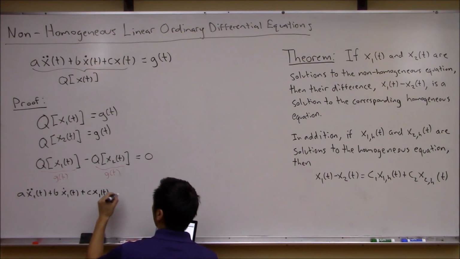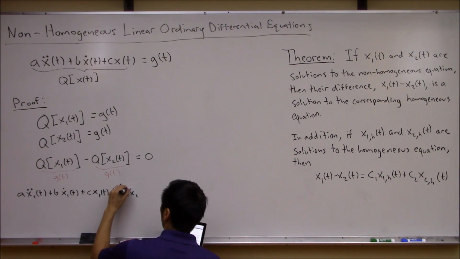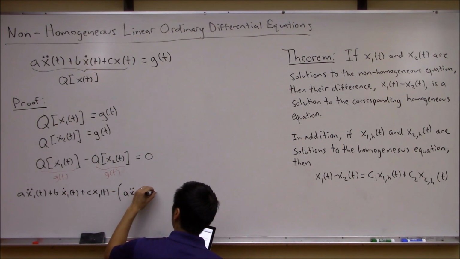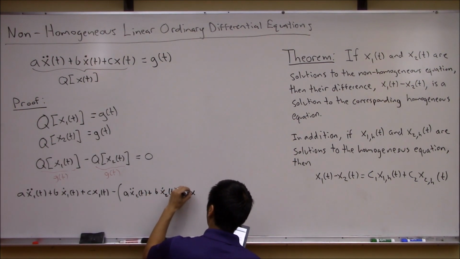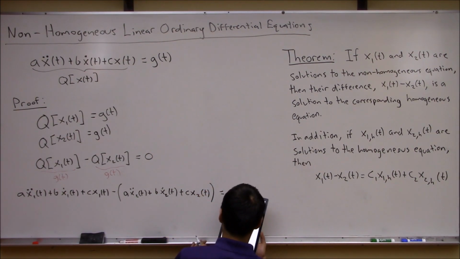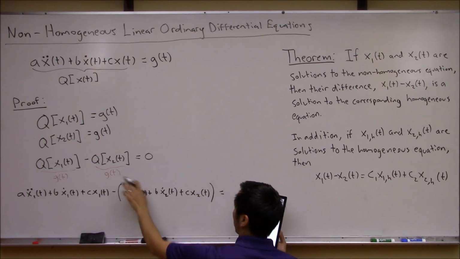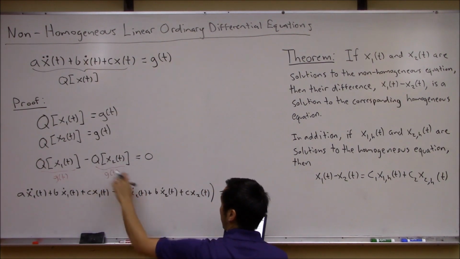That's that side, minus A x2 double dot of t plus B x2 dot of t plus C x2 of t. I'm just examining the left-hand side of this expression over here.